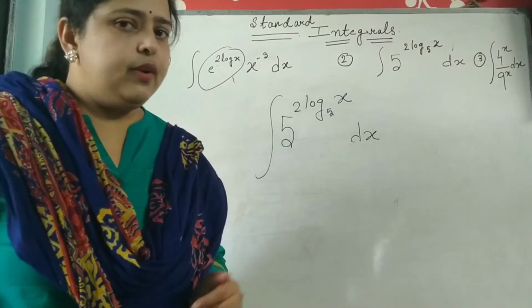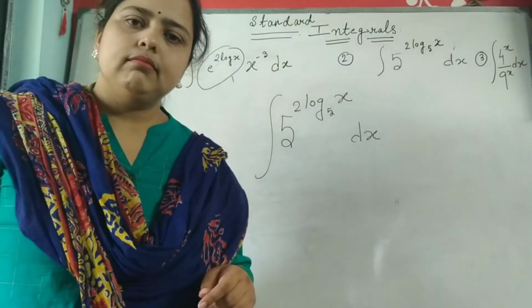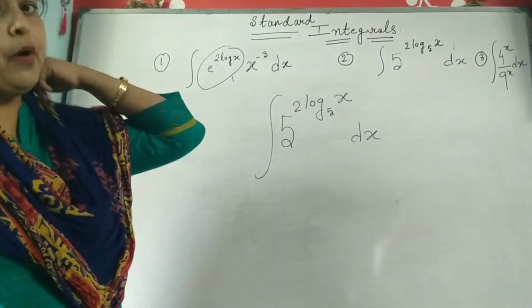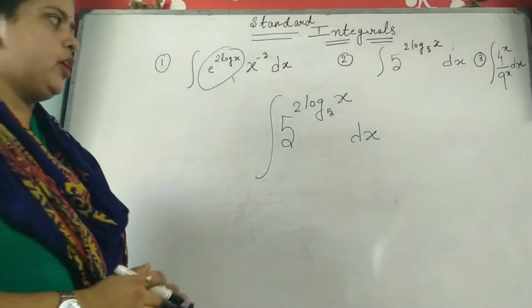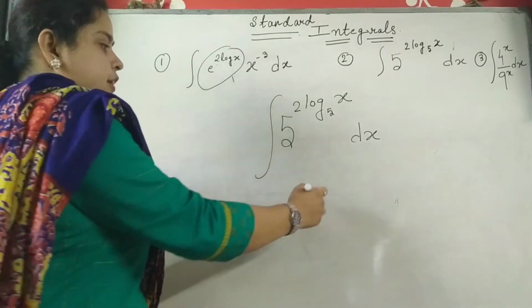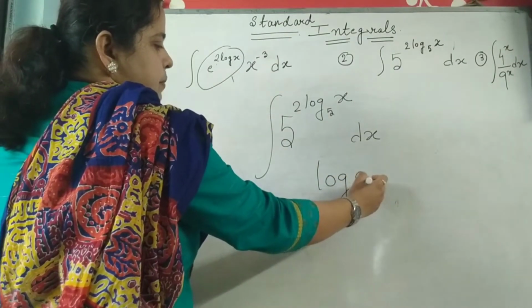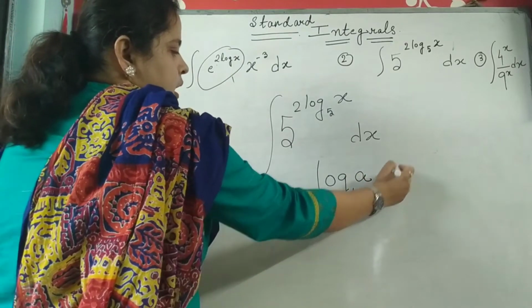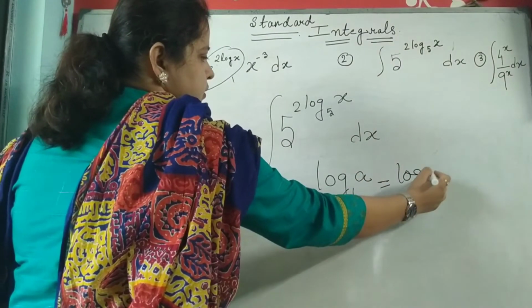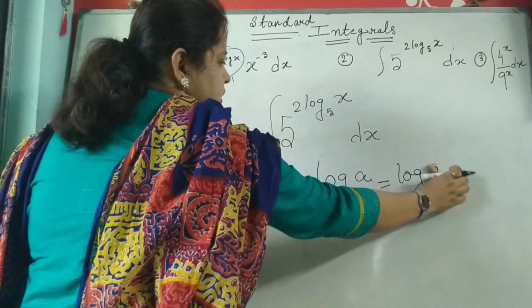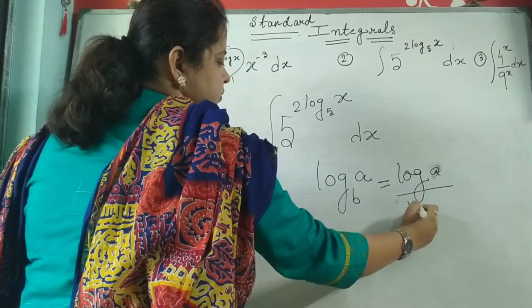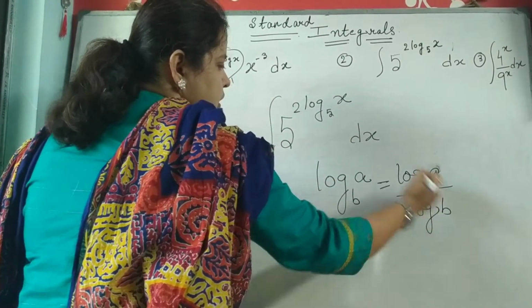We are actually very much well acquainted with the base e or 10. So one more property of log, let's recall that. One more property of log, what does it say? If you have something like this, how can you reduce it? This is log A by log B.